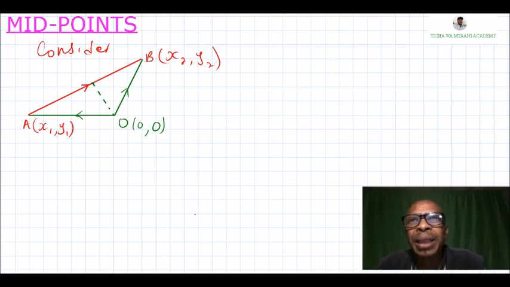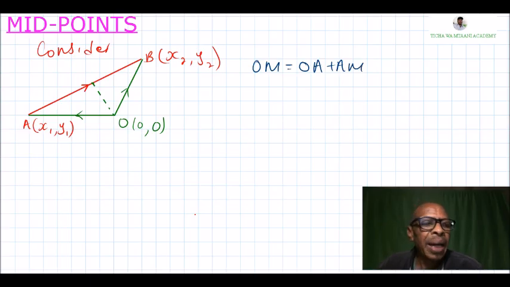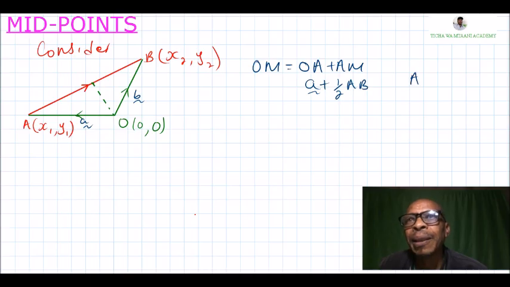So OM is equal to OA plus AM, just like we have done with the other one, where OA is A as indicated here, and this is B, plus AM is a half AB, but AB is equal to B minus A. So we can replace this.